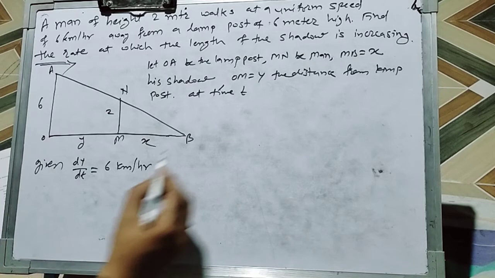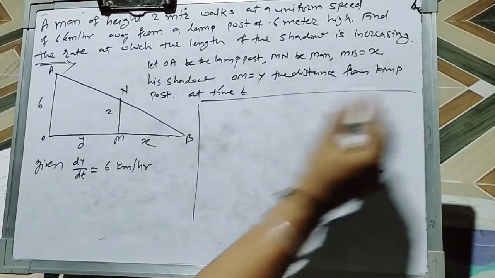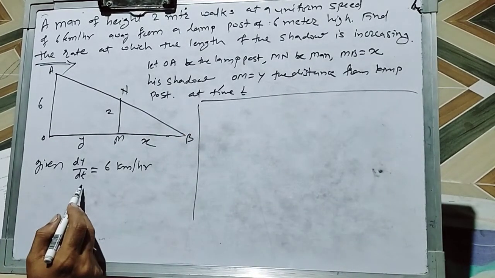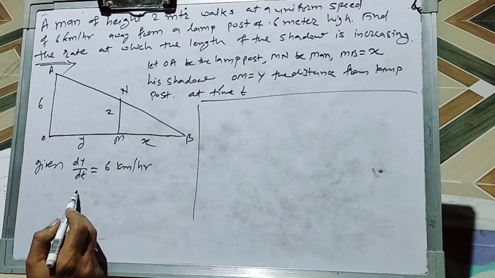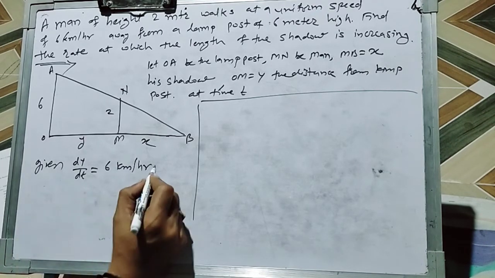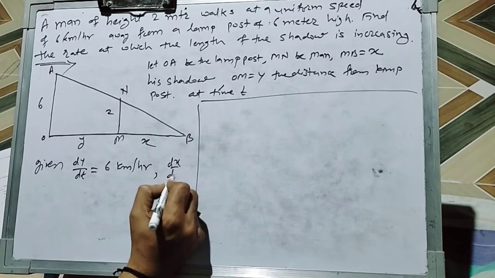So here given dy by dt is equal to 6 km per hour, and we have to find dx by dt.